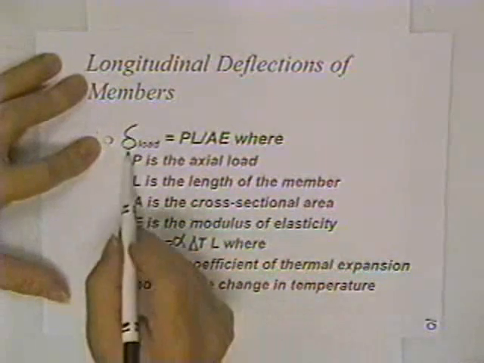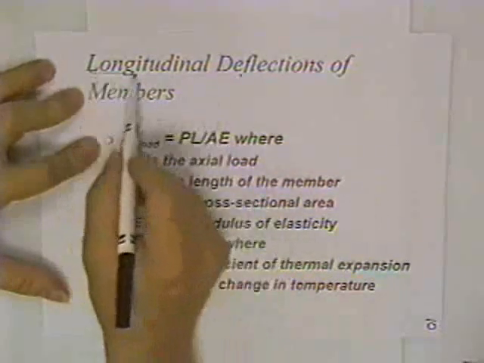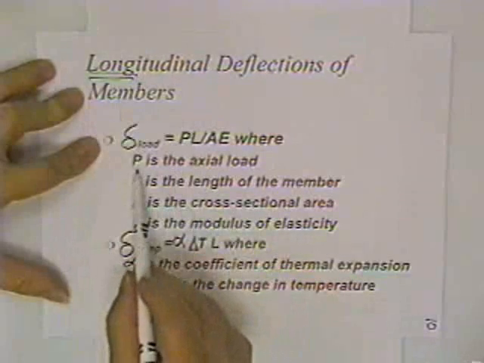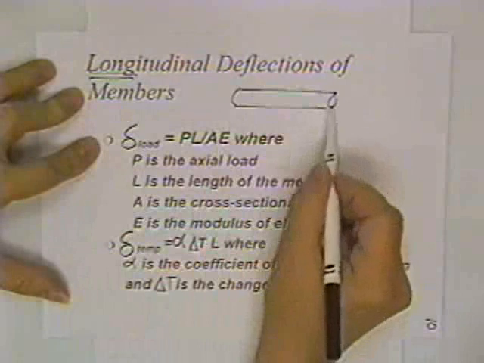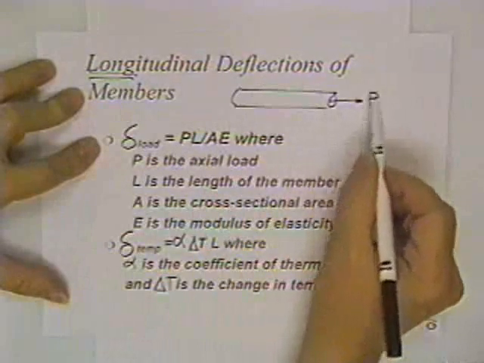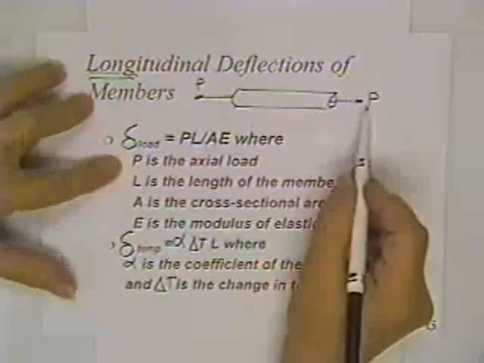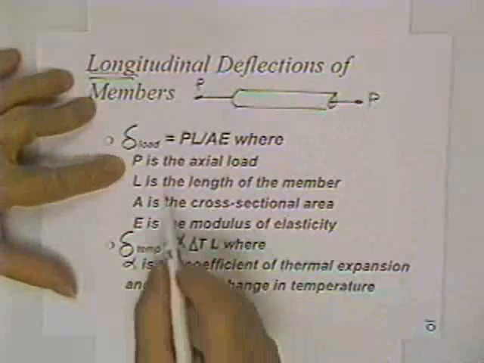The equation for how much deflection you get when you load a long member: the load P is how hard you pull on the bar. Just draw one here. The load's supposed to go right in the middle.